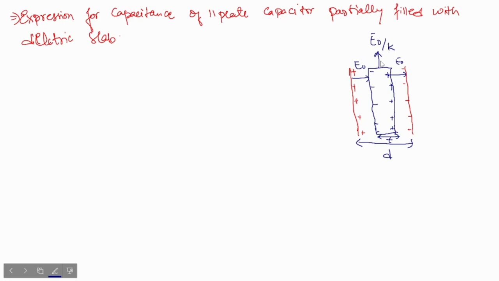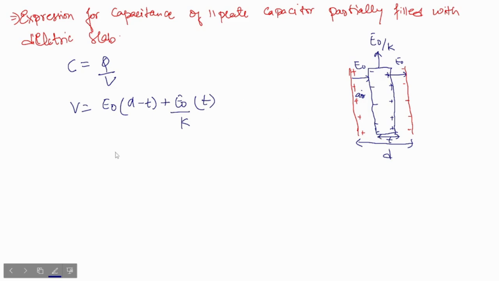Now, you know that capacitance is Q upon V. V will be E naught into the potential developed due to the air, the medium being air, which will be d minus t because the net thickness of the air is d minus t, plus the potential developed due to the dielectric, which will be E naught by k into its thickness t, since potential is E into d.